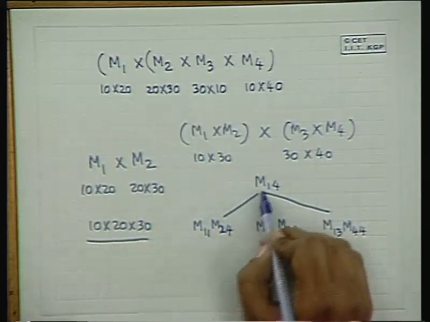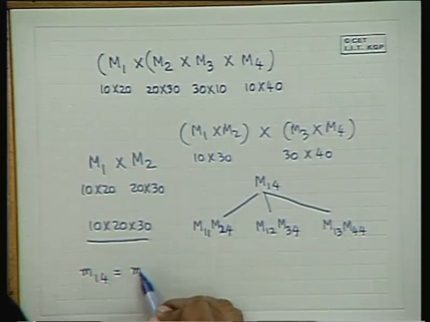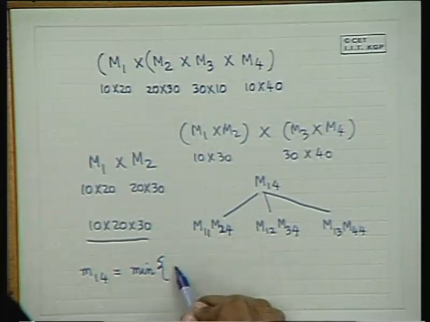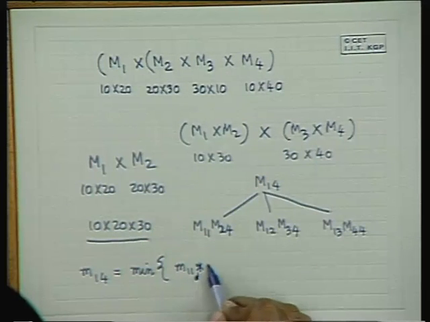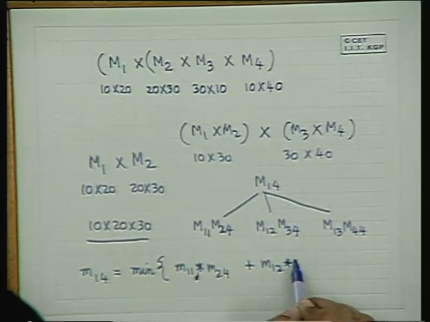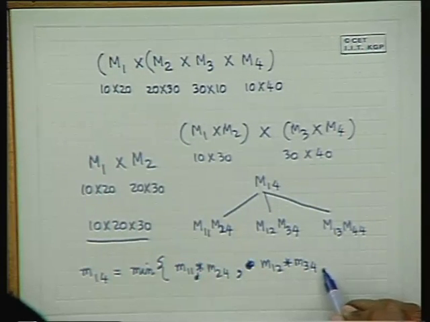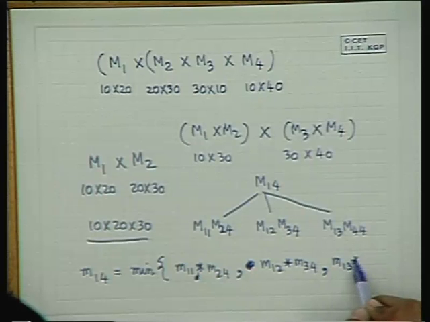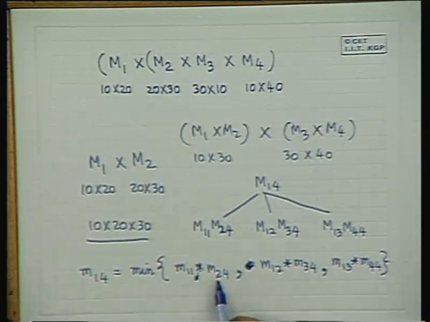And if you write out, therefore M14 is equal to minimum of M11 multiplied by M24, plus M12 multiplied by M34, comma, M13 multiplied by M44, and again recursively M24.